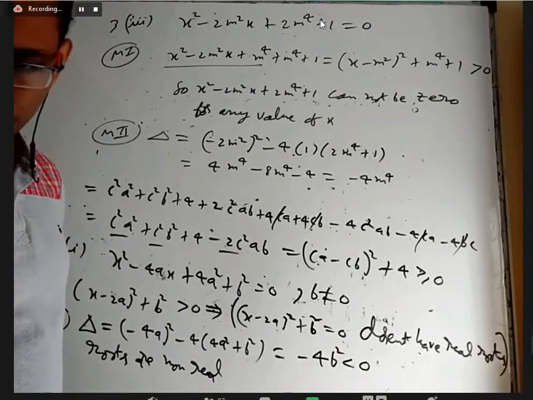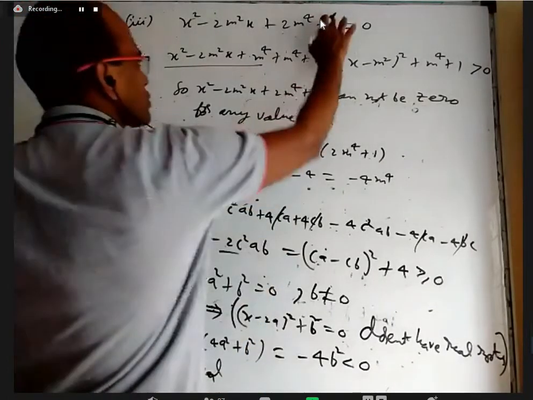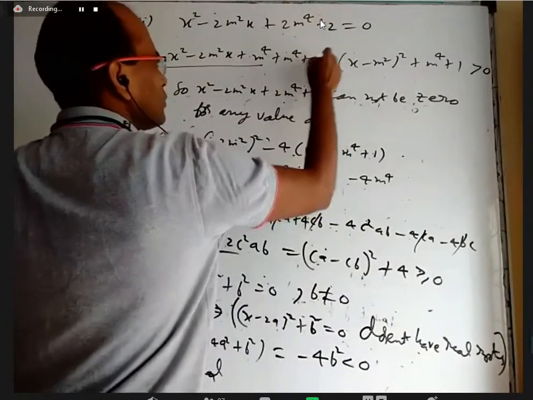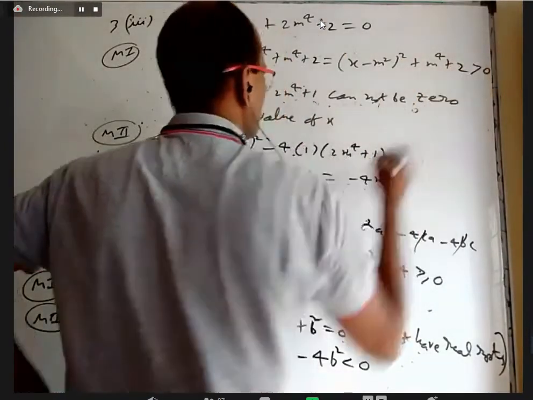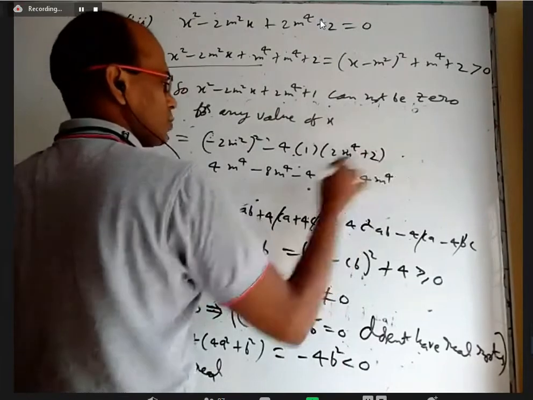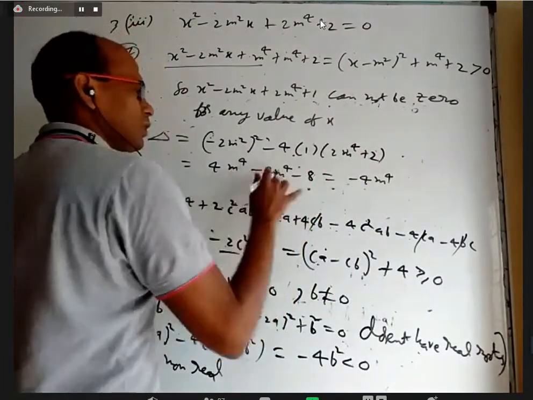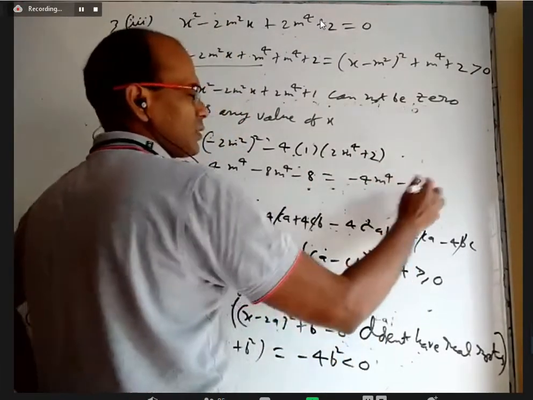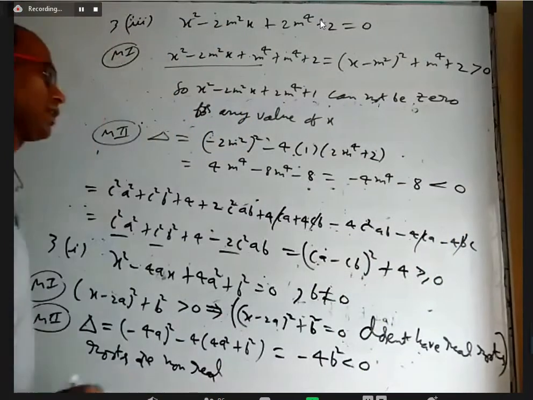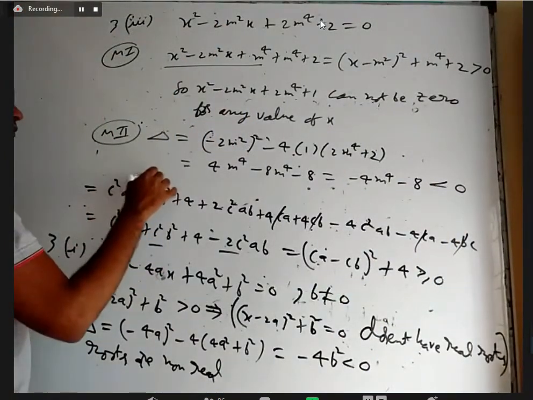Okay, when I open it, it is plus 2. So it is minus 4m power 4 minus 8, which is negative, less than 0. Delta less than 0 means the roots are non-real.